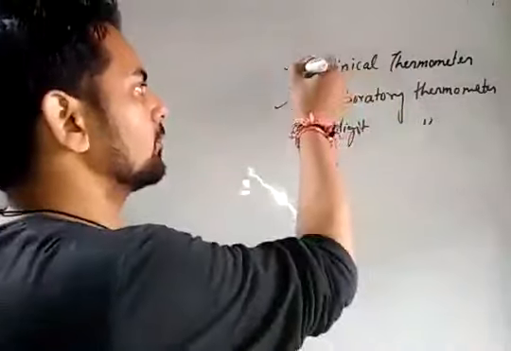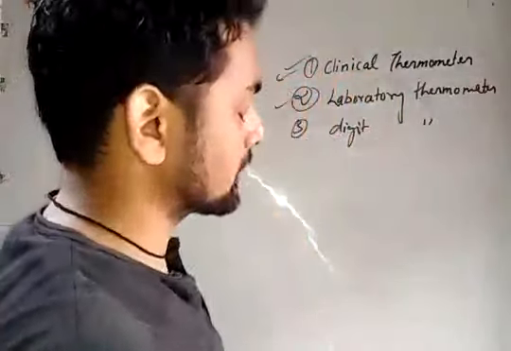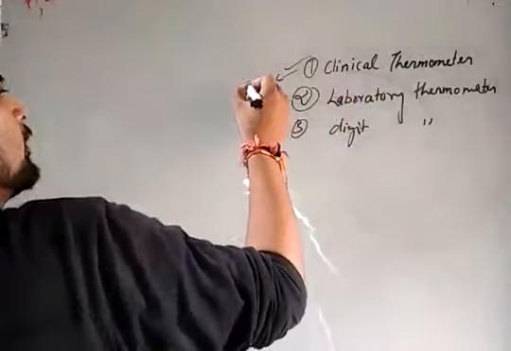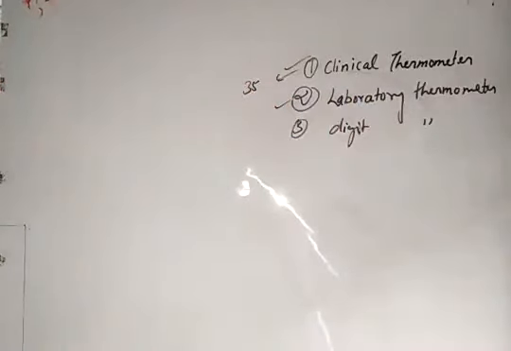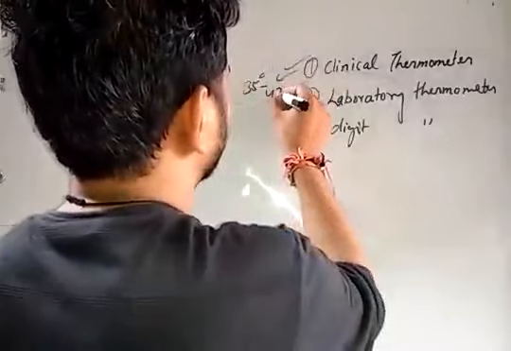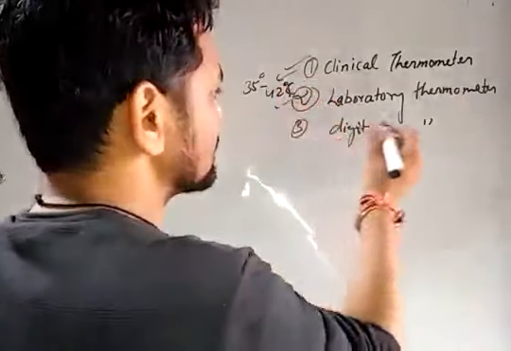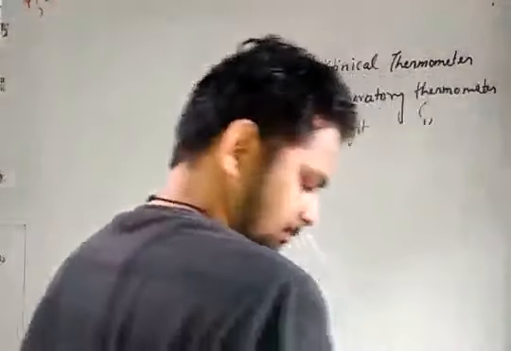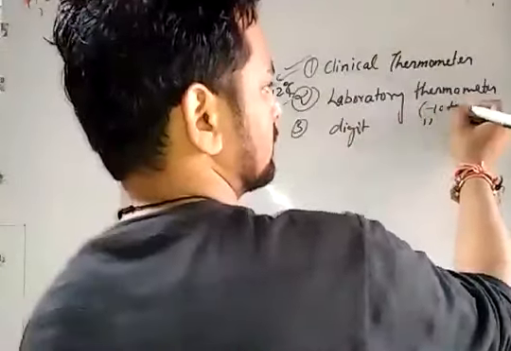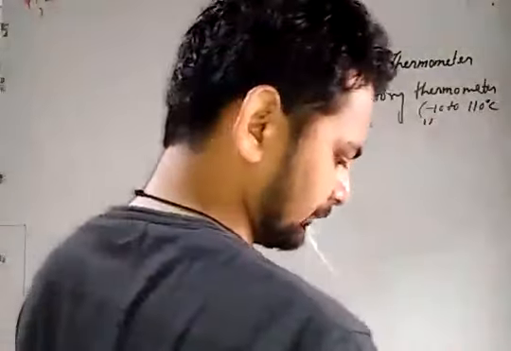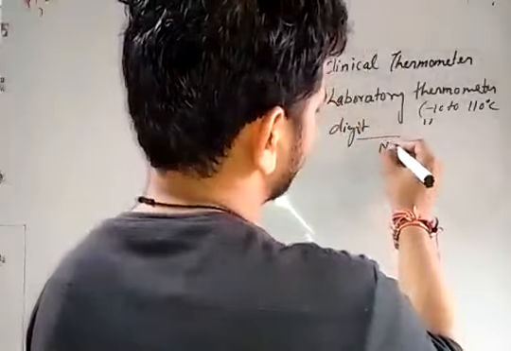The clinical thermometer range is 32 to 35 degrees Celsius to 42, and the laboratory thermometer has a range of -10 to 100 degrees Celsius. The digital thermometer has no fixed value.